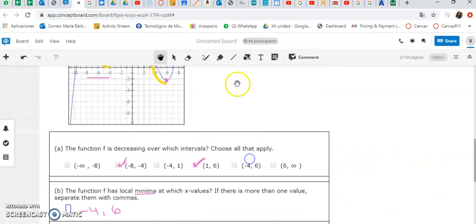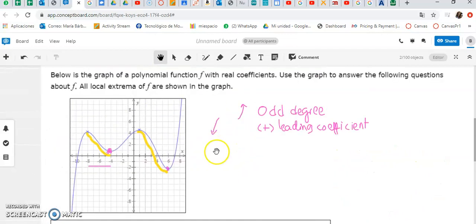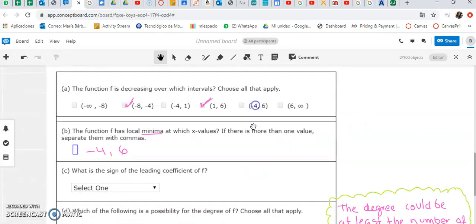Remember that at the beginning, we were analyzing the graph, and we said that it must be a positive leading coefficient because as the graph is falling to the left and rising to the right, this is the behavior when the leading coefficient is positive and the degree is an odd number, okay? So we're going to select here positive.